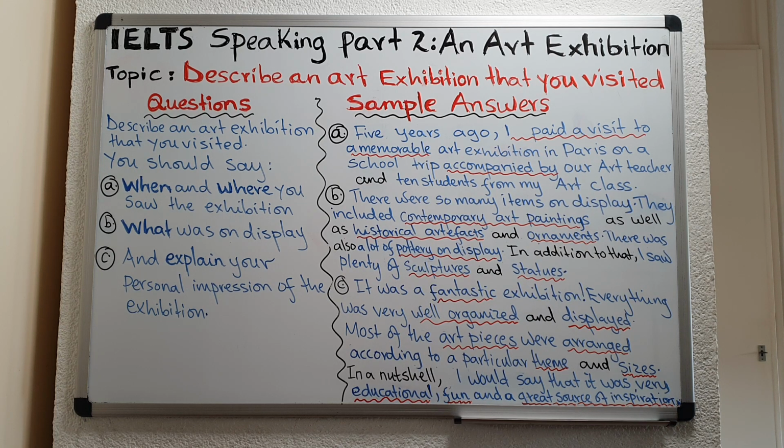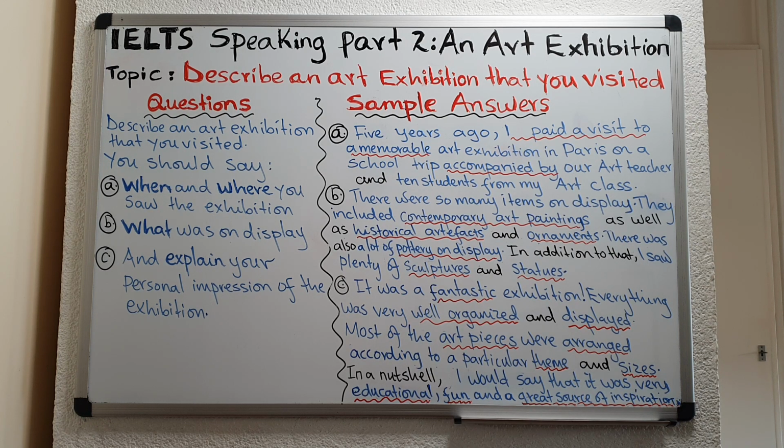Organized in the past tense. Displayed in the past tense. Arranged in the past tense. I would say it was in the past tense. So be very careful with the grammar, that is the tense that you use when you're giving your answers, because to be perfectly honest, the grammar is what really determines the band that you get for your IELTS speaking.